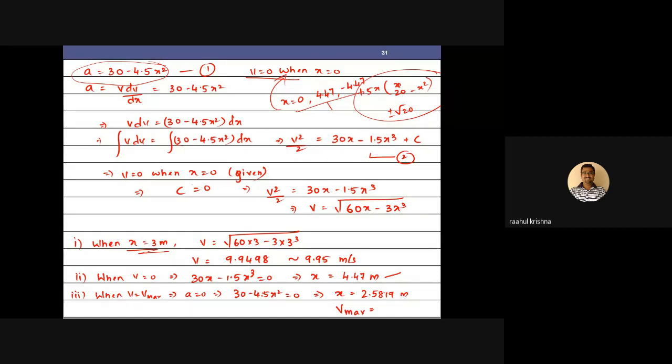And what is the value of the Vmax? My question, what was asked in the question about position when, ends here. But Vmax, just for information, what is the maximum velocity that it attains?